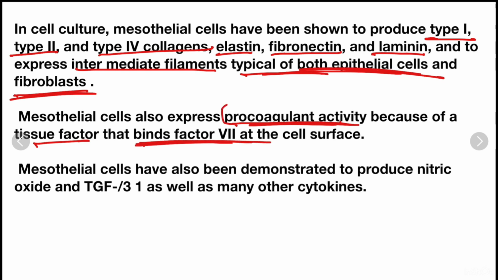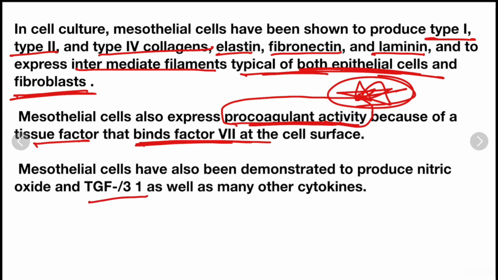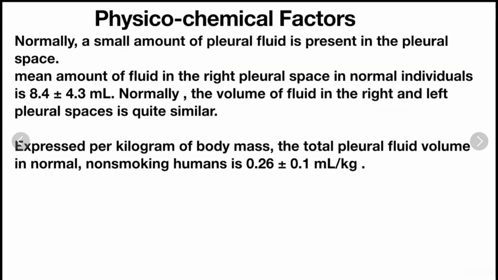So this cell has procoagulant activity, increasing coagulation, very, very important. Mesothelial cells have also been demonstrated to produce nitric oxide and TGF-beta as well as many other cytokines.